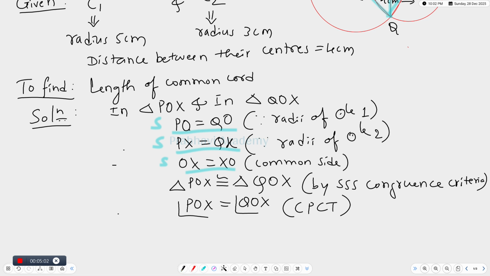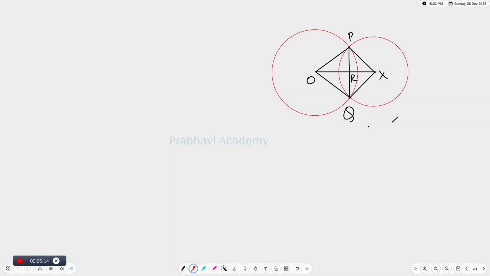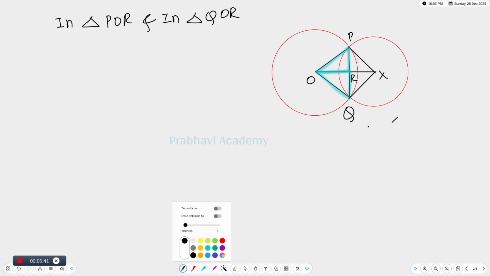So this I call as equation number 1, and also here we can take one more triangle, that is POR and QOR. In triangle POR and in triangle QOR, you can see PO is equal to QO.